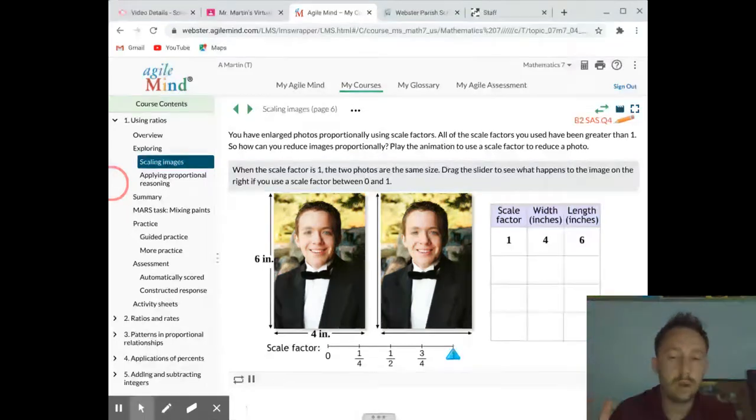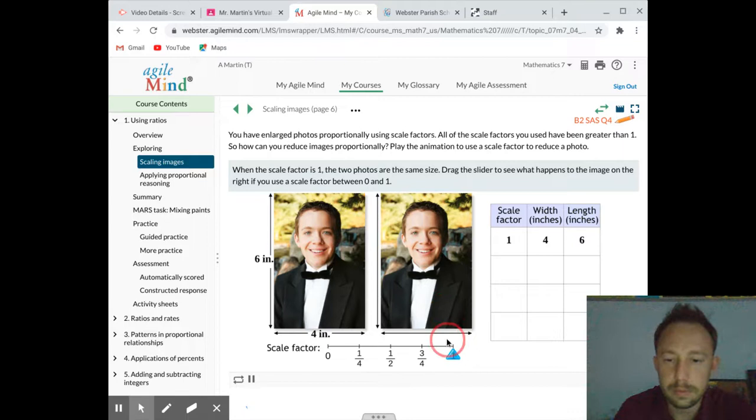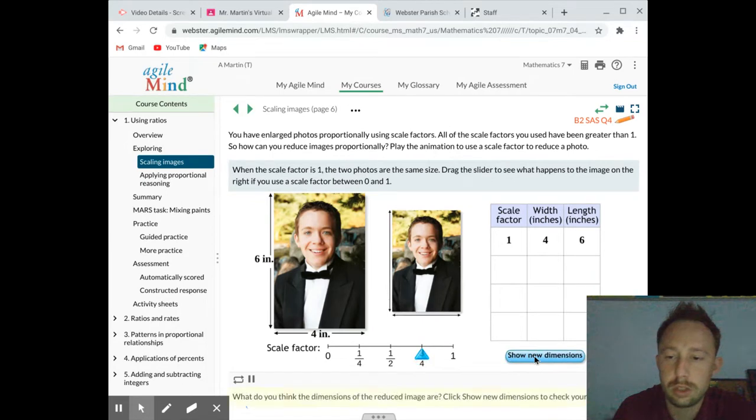But it will shrink the image over the course of time using whatever scale factor we use. So we're going to go through and see what would happen. This is actually your question number 4 in your workbook. All right, so watch when we get 3/4. What happened when using 3/4?